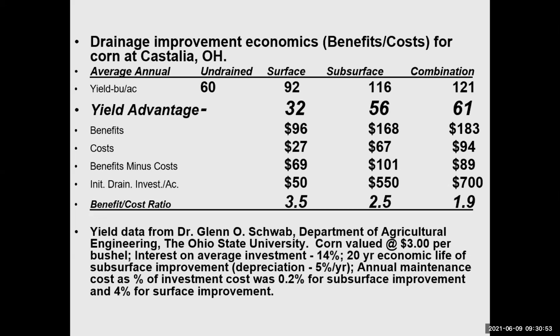This is what his data and results are projecting. Just subsurface drainage, we can get $2.50 of benefit for every dollar. And when you look at the combination of those two, we get $1.90 for every dollar used to invest in drainage on those types of soil conditions.